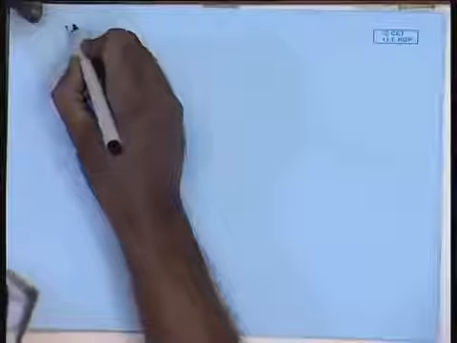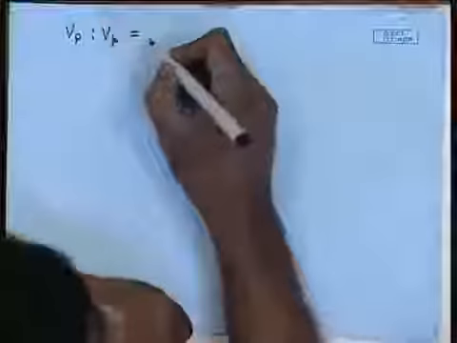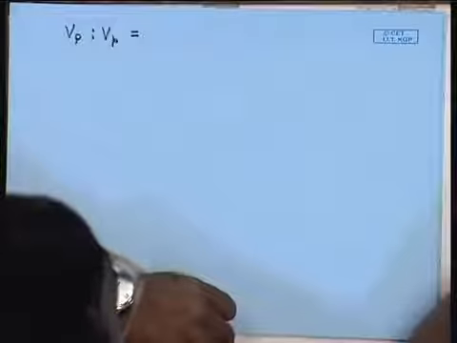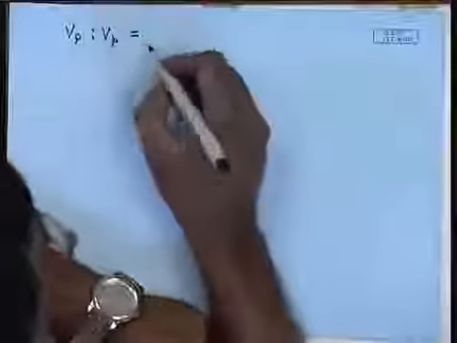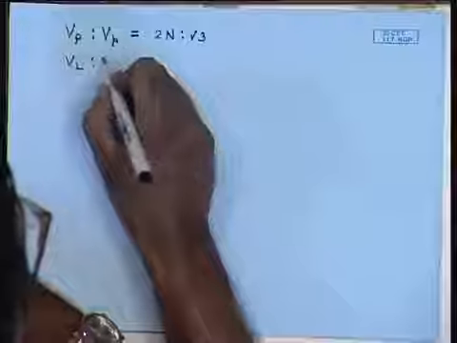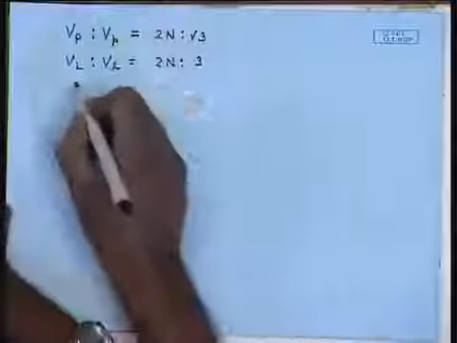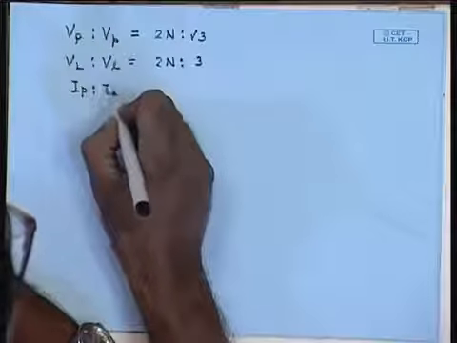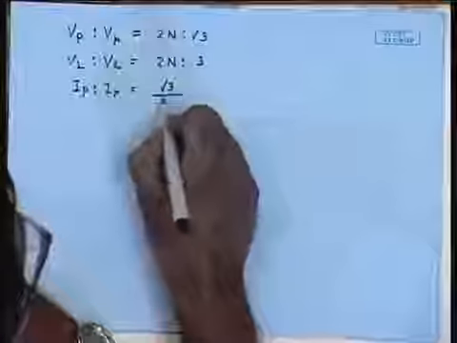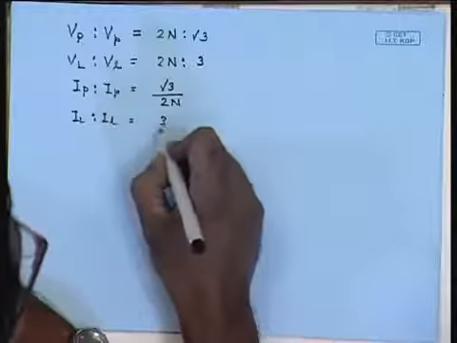Therefore, we can summarize it as Vp is to V phase equal to 2n is to root 3, VL is to VL equal to 2n is to 3, IP is to IP equal to root 3 by 2n, and IL is to IL equal to 3 by 2n.